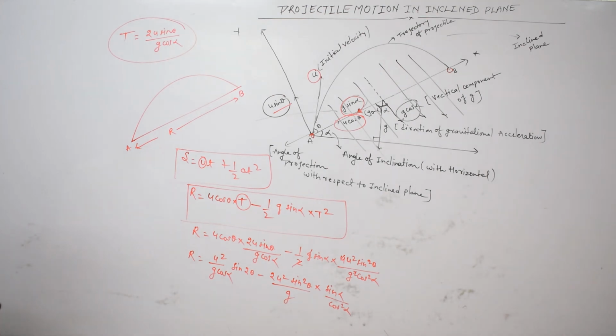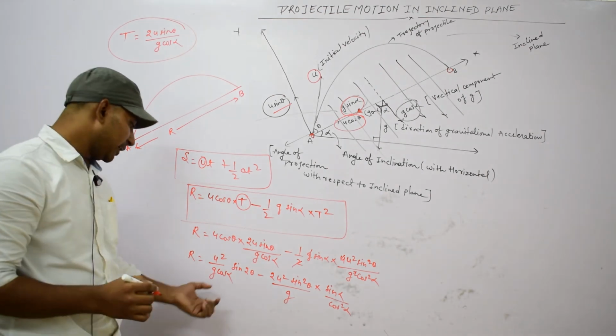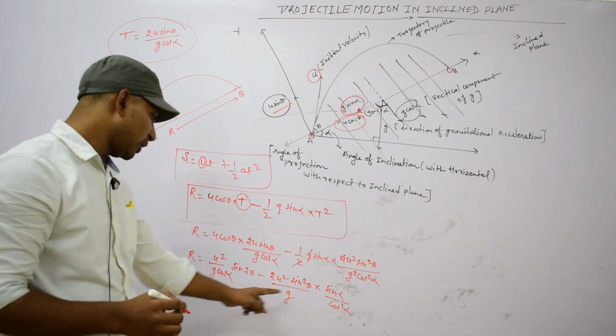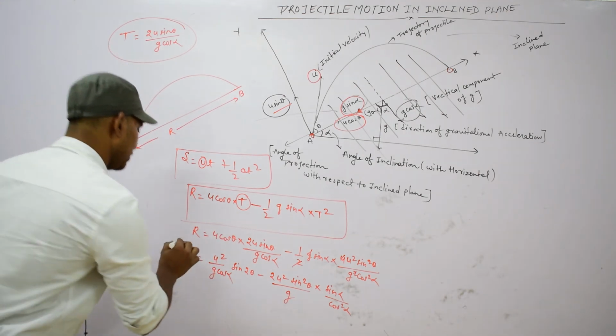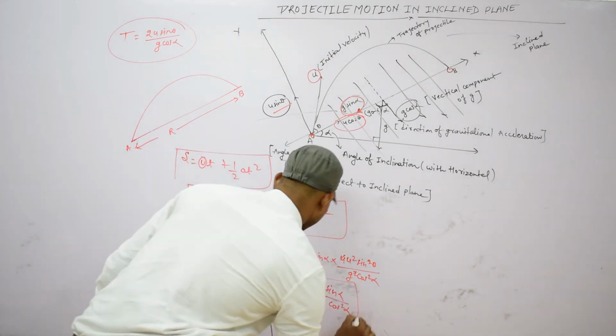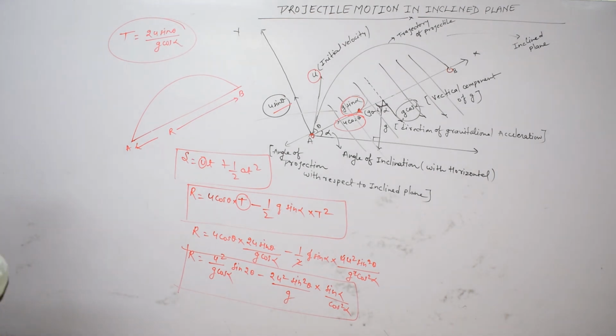One important thing is, if you need it, you can take common u square upon g cos alpha.